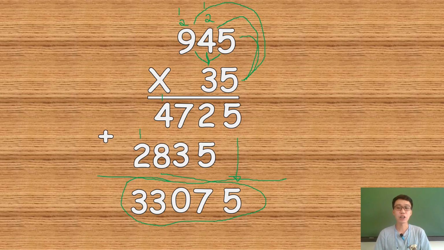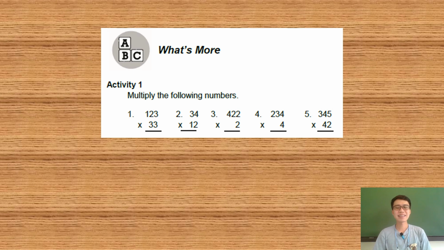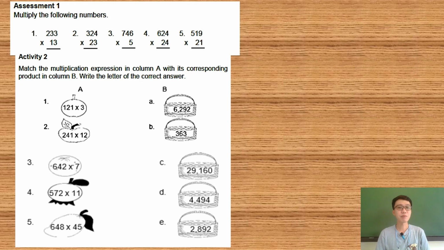That is multiplying numbers with regrouping. Let's do these activities. For activity 1, multiply the following numbers. I'll give you a few minutes to finish this activity. For assessment 1, multiply the following numbers.